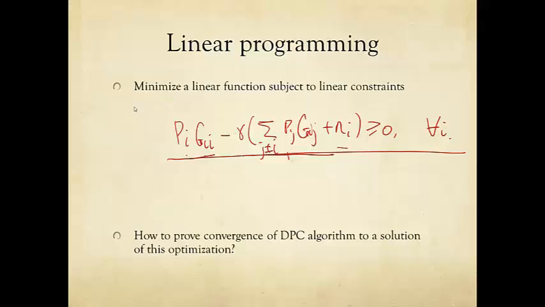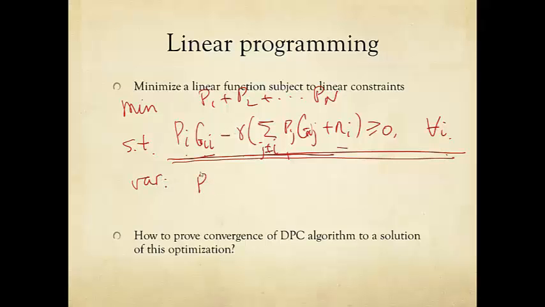So we are talking about minimizing a linear function, p1 plus p2 up to pn, subject to the constraint, which is also a linear function in our variable p. When we minimize a linear function subject to linear constraints, we call that a linear programming problem.